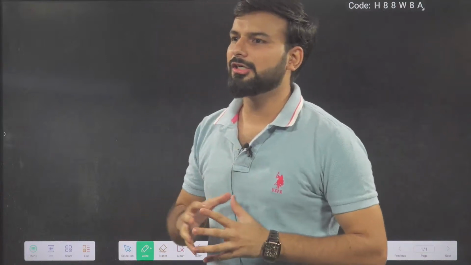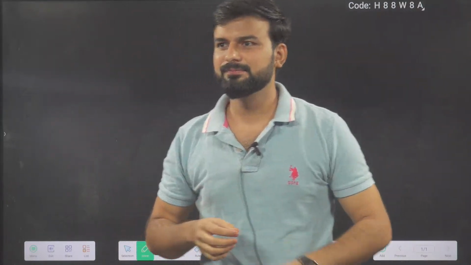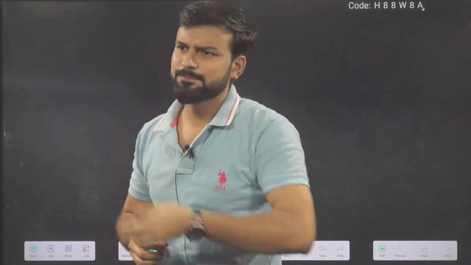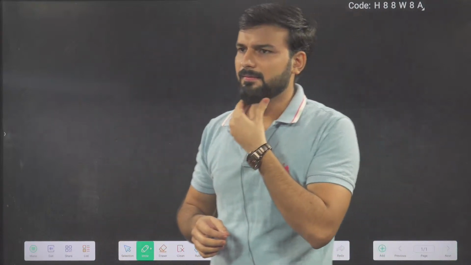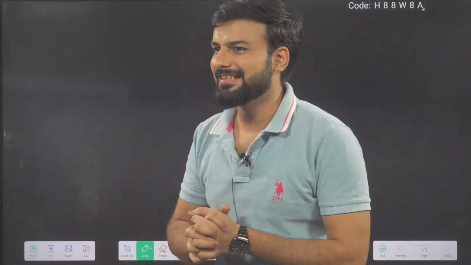J cap. Very good. And what is the unit vector along z-axis? K cap. Very good. Now what is the unit vector along minus x-axis?